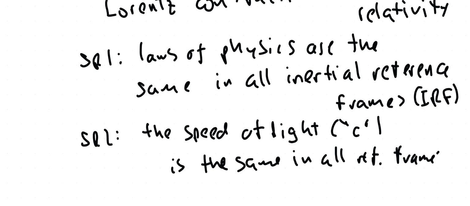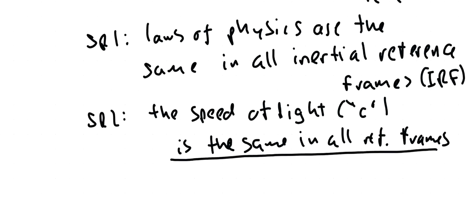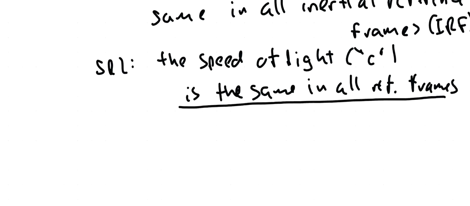So the speed of light is a constant. It's a universal constant. What I want to talk about now is what kinds of effects these two postulates lead to. We will study two effects: time dilation and Lorentz contraction. Let's focus first on time dilation.